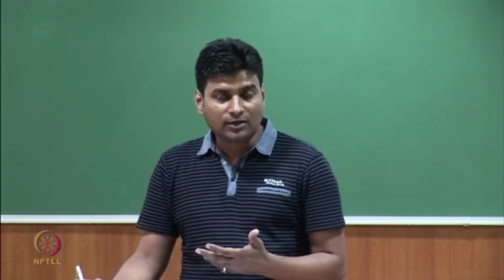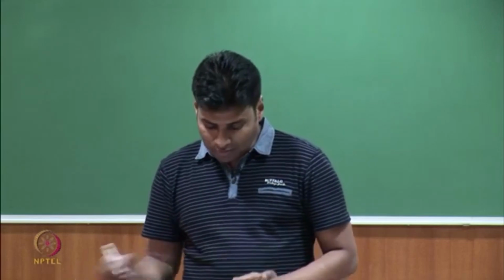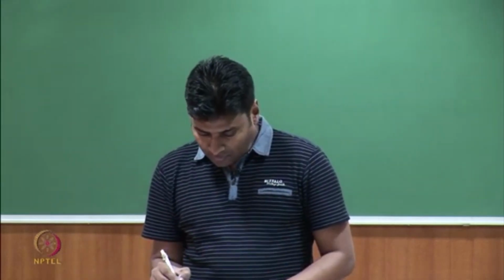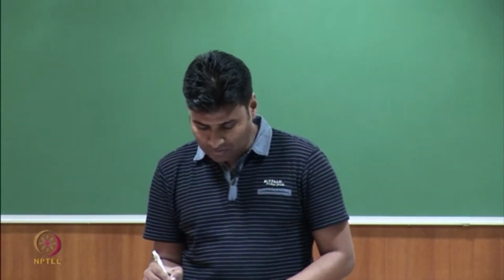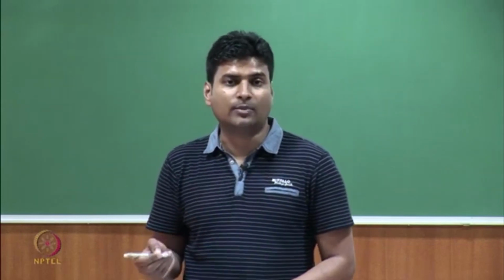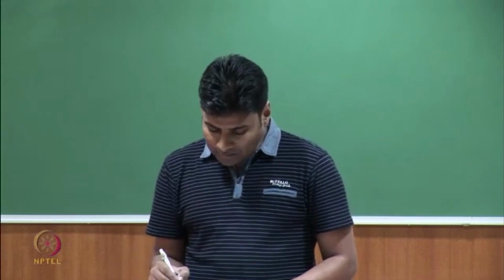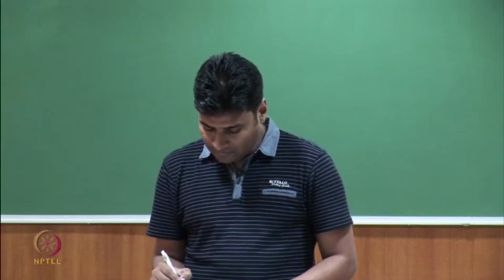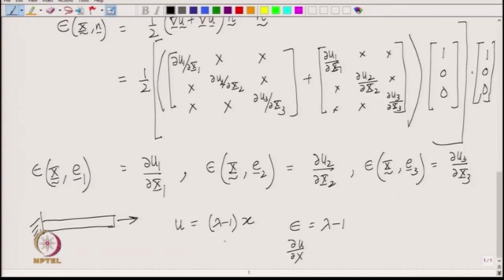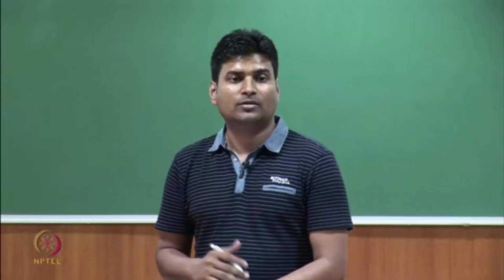Can we see what is the strain? So, strain, we know that it is lambda minus 1, correct. If stretch is lambda, then strain is lambda minus 1, and what do we get from del u by del x? If we do del u by del x here, we also get lambda minus 1. So, it tells me that the formula that we have derived is actually also making sense with what we learnt in school.